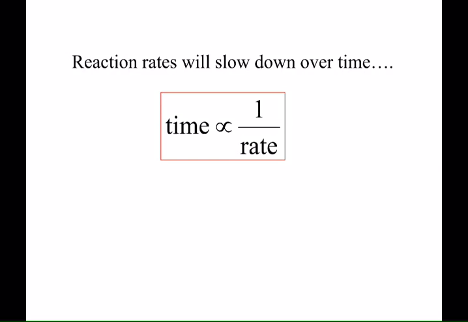So we can show that by this proportional to the inverse. Okay, so that infinity sign with a bite taken out is proportional. We show that we have an inverse relationship by showing time is inversely proportional to rate. As time increases, rate goes down.